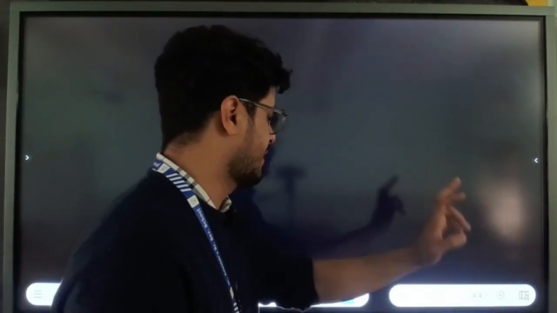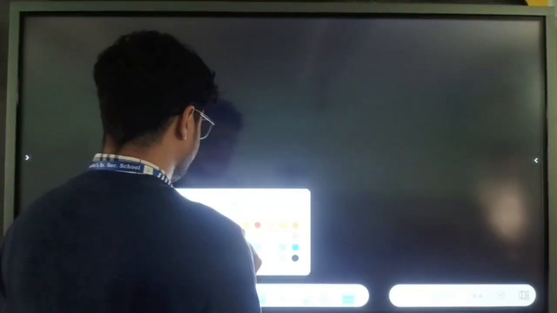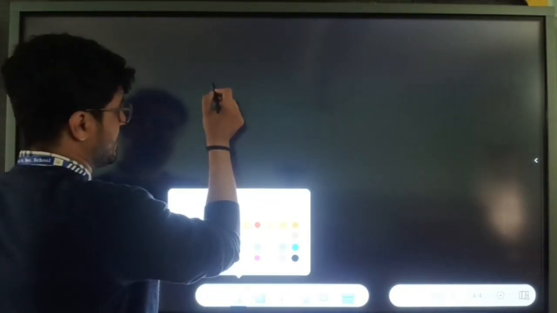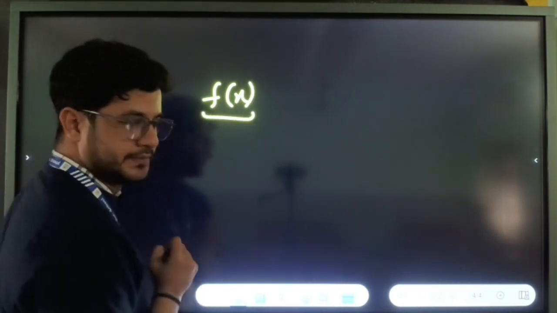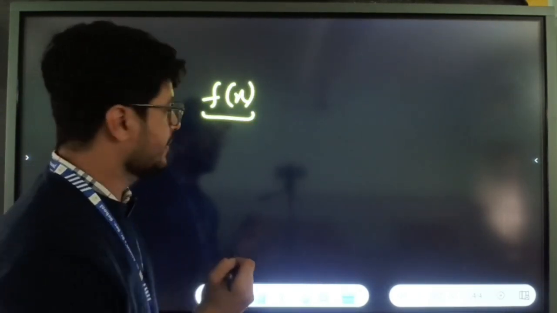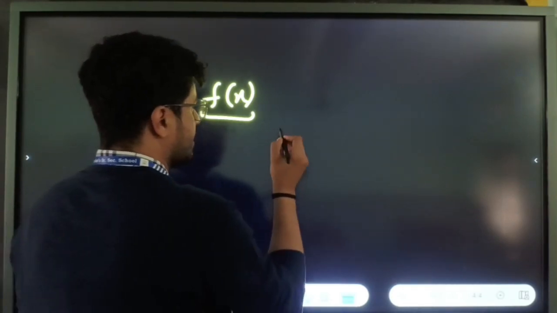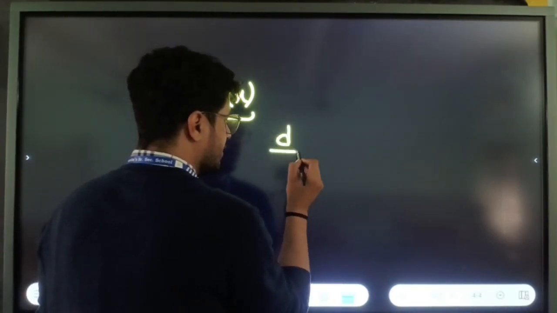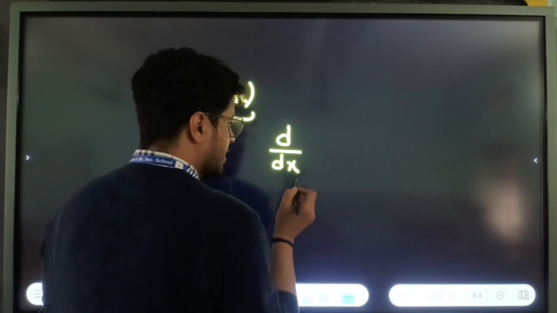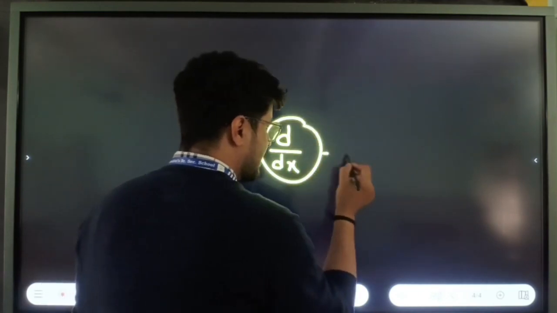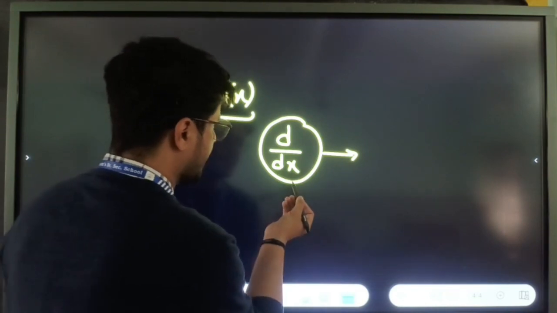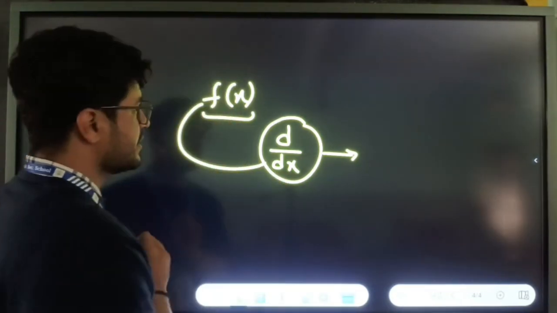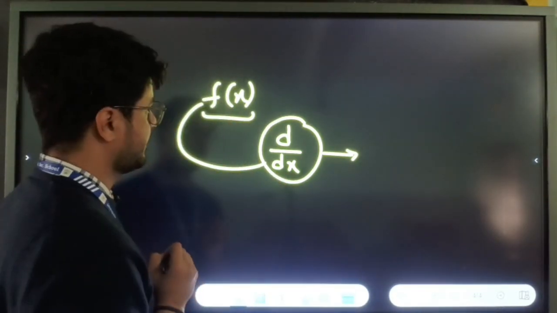Let's take an example. Suppose we have a function f(x), as we studied in the earlier chapter. And if we apply d by dx, what is the meaning of d by dx? D by dx is the differential operator. It is an operator which gives the differentiation of this function.